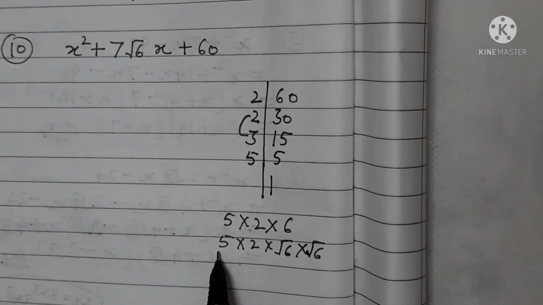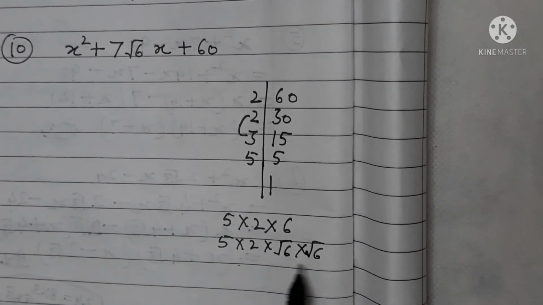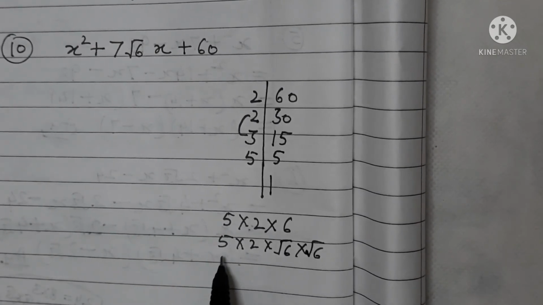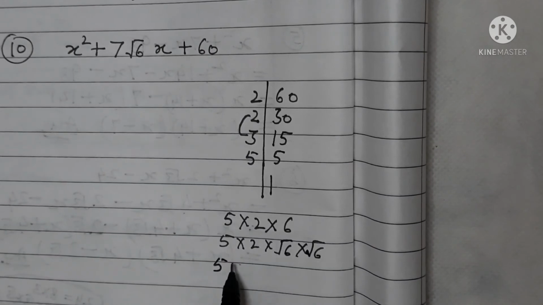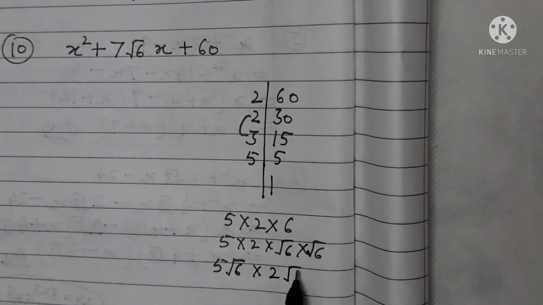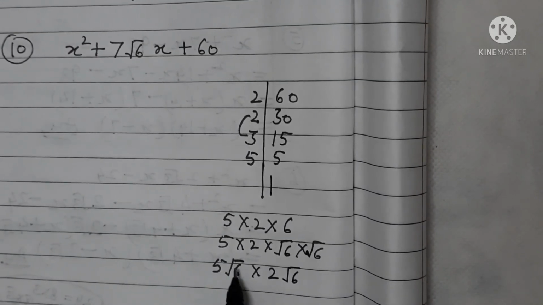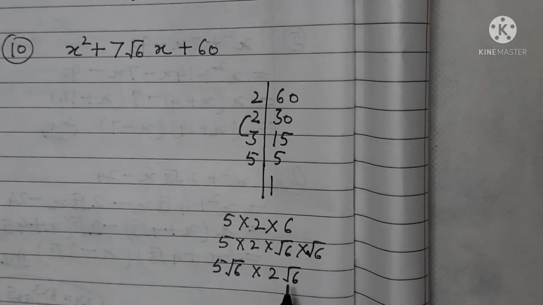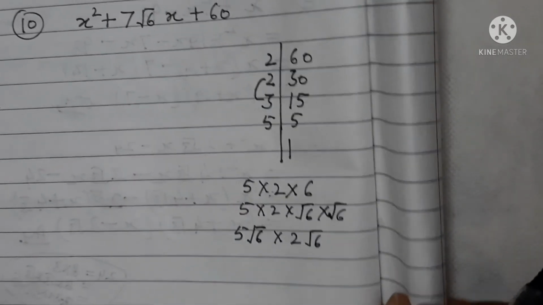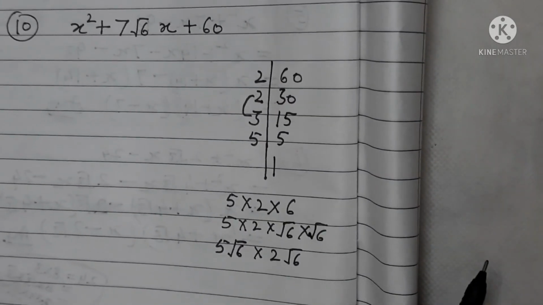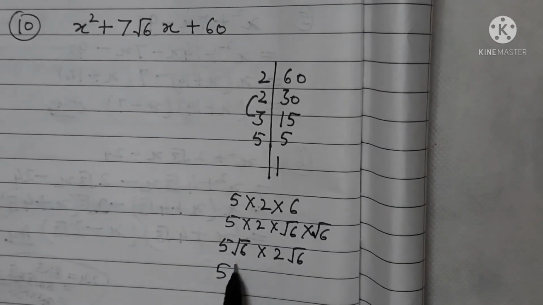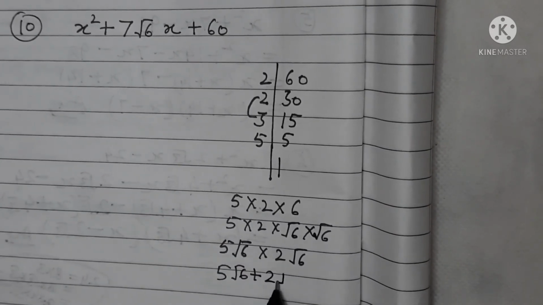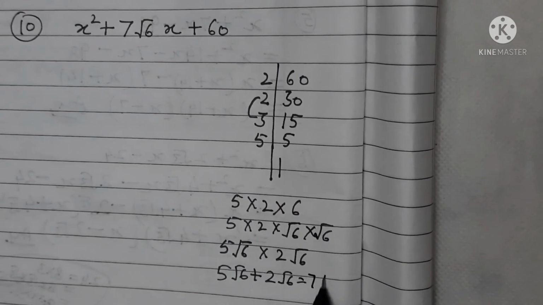Now 5 root 6 and 2 root 6, 5 root 6 plus 2 root 6 is equal to 7 root 6.